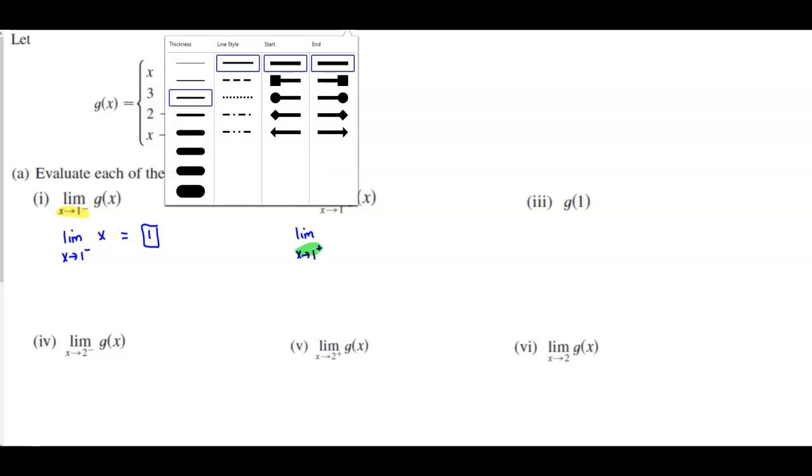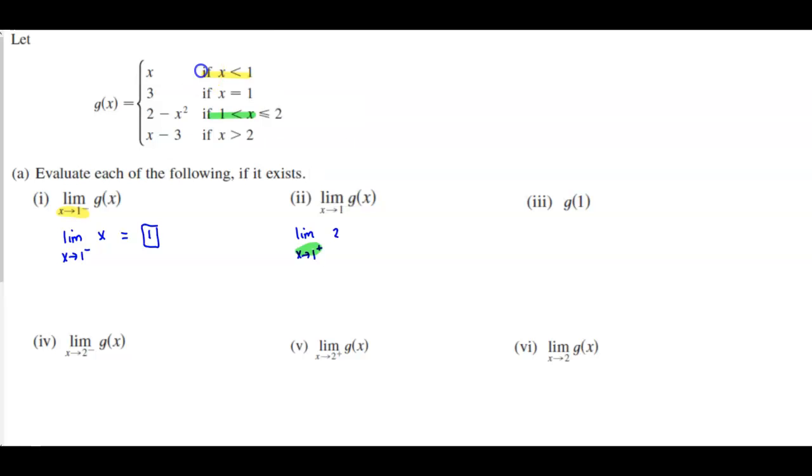So let's go ahead and do that. We're going to put in that function, 2 minus x squared, and evaluate it. It's going to be 2 minus 1 squared, which is equal to 1.